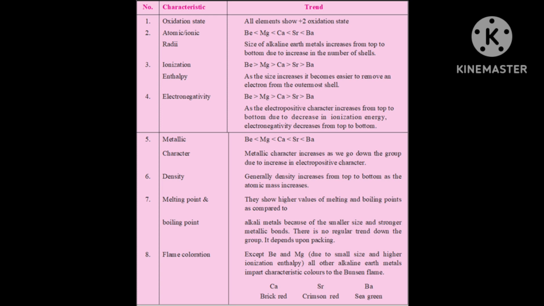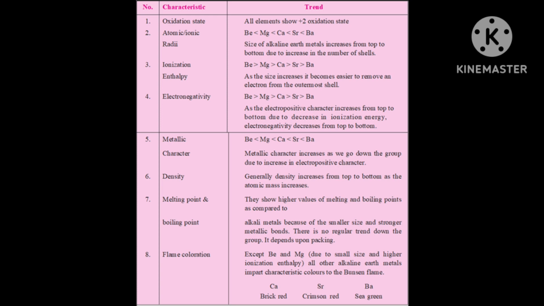Now ionic radius means after removing the outermost electrons, when both are removed, what will be the size? The size again will increase, that is sure, down the group, because size is increasing, obviously ionic radius, just like metallic radius increased, will also increase.